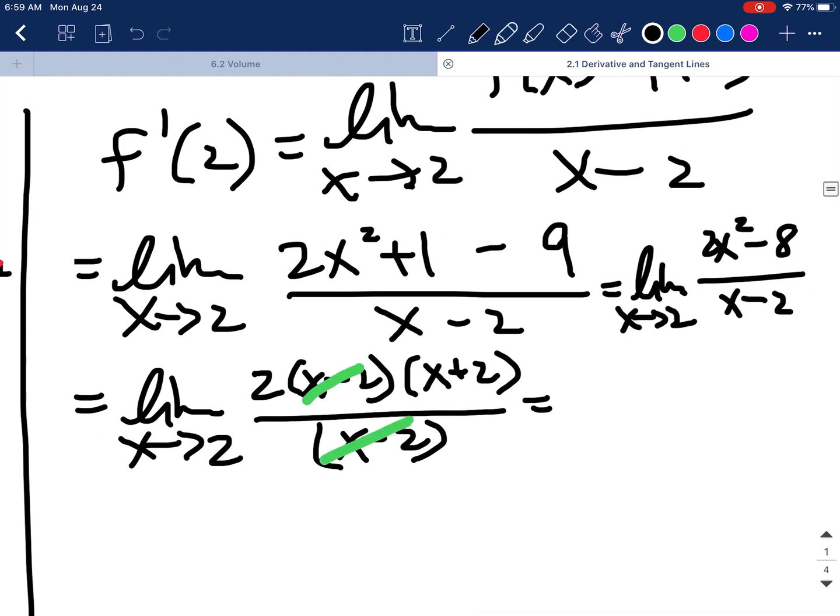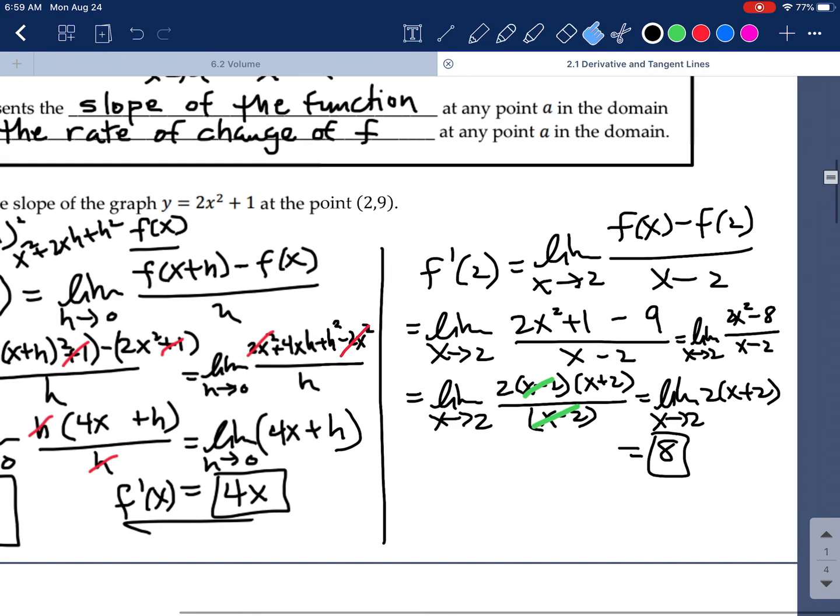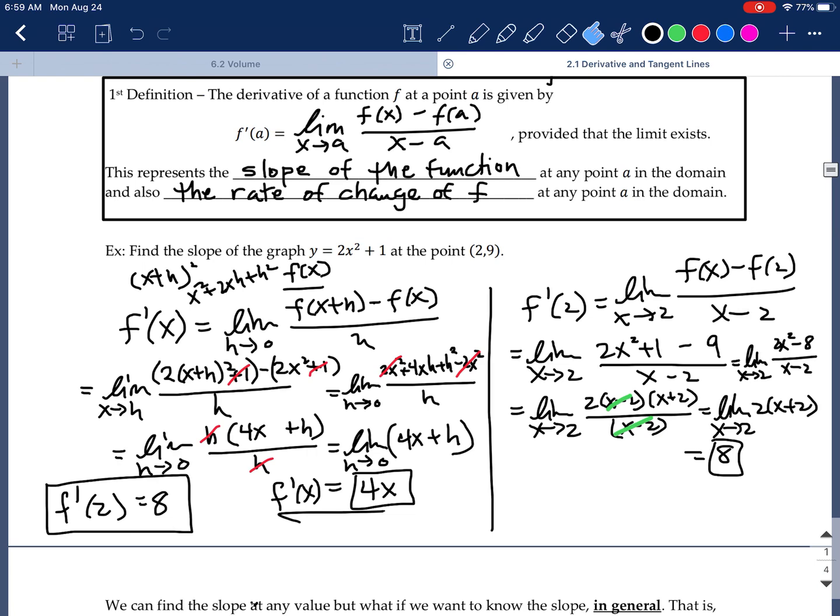So let's go ahead and cancel those two. And with the limit as x goes to 2, 2 times x plus 2. Plug in 2, you get 2 times 4, which is 8. So it works the same way. However, note, if we were finding more slopes, this would be more useful. But in general, this is going to give you essentially the same value that you're looking for.